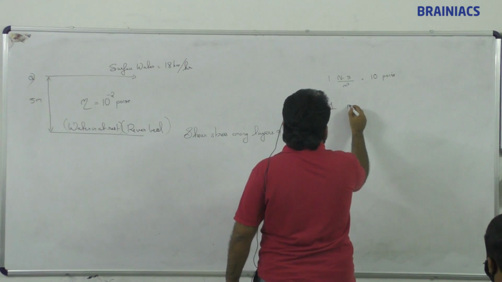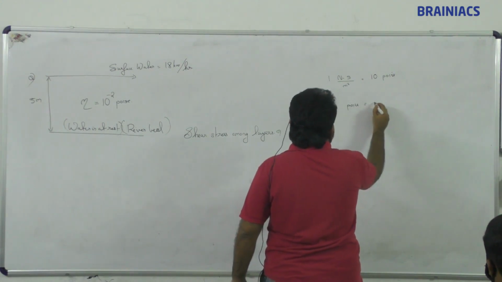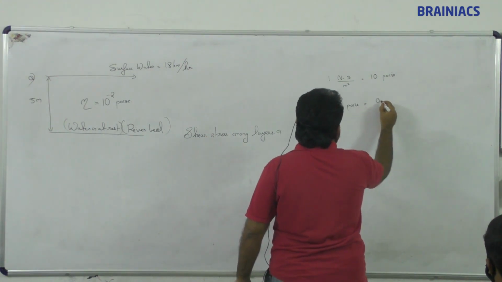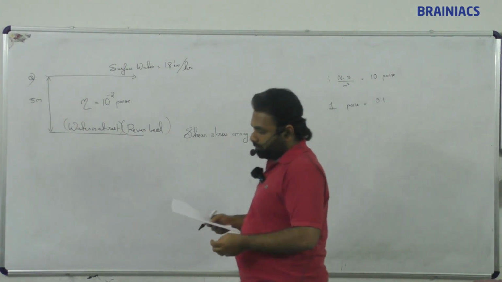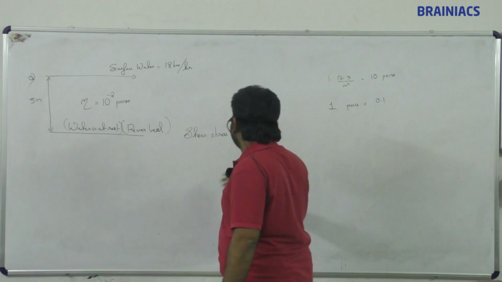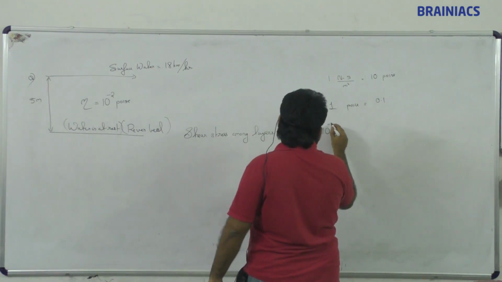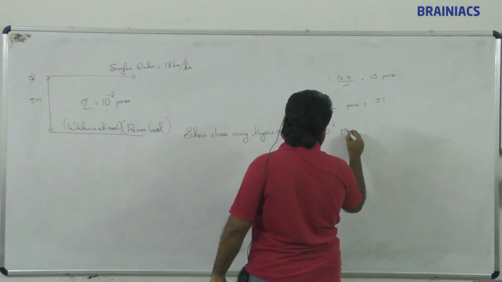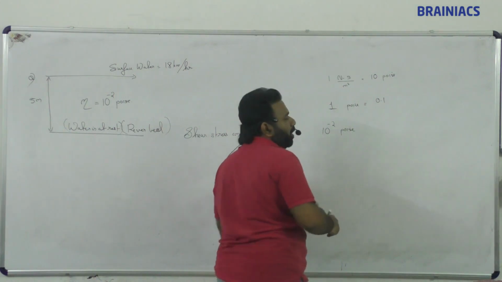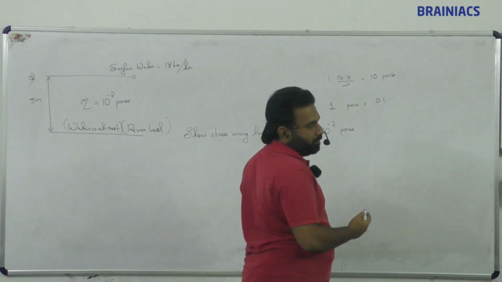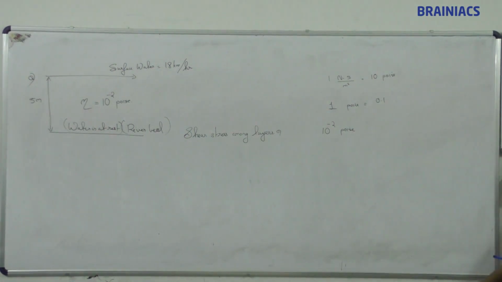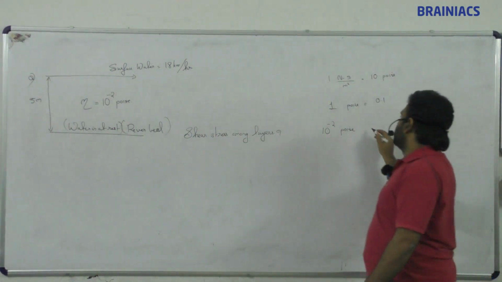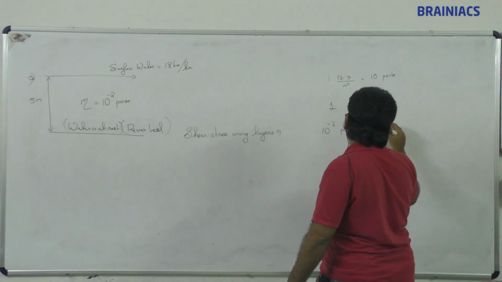So 1 poise is equal to 0.1, how much poise is here? 10 raised to minus 2 poise. 1 poise is 0.1, so 10 raised to minus poise will be how much? 10 power minus 3. Okay, so this is going to be 10 power minus 3.